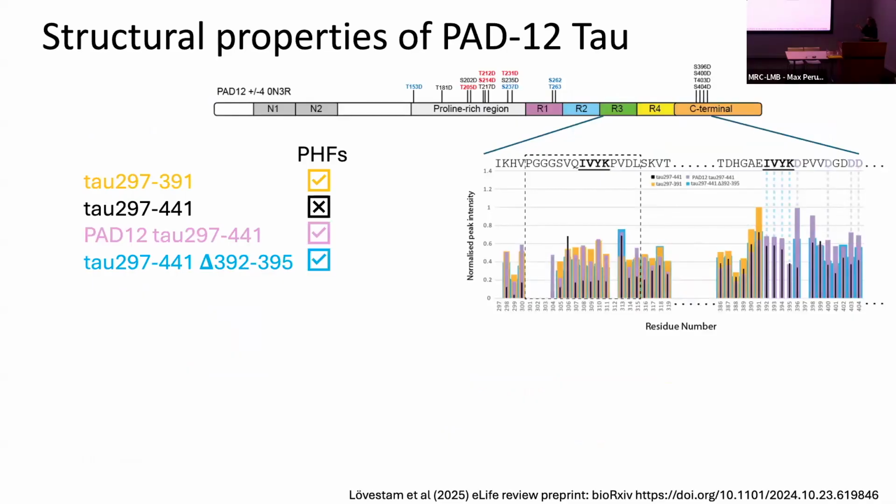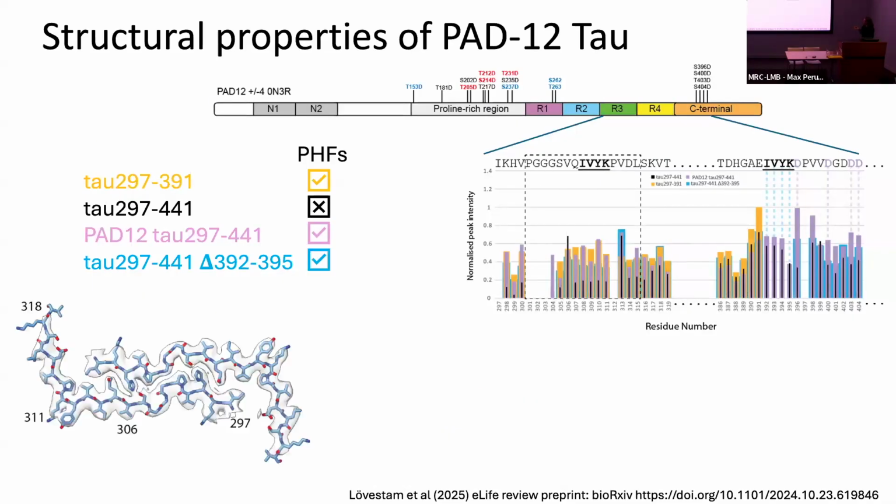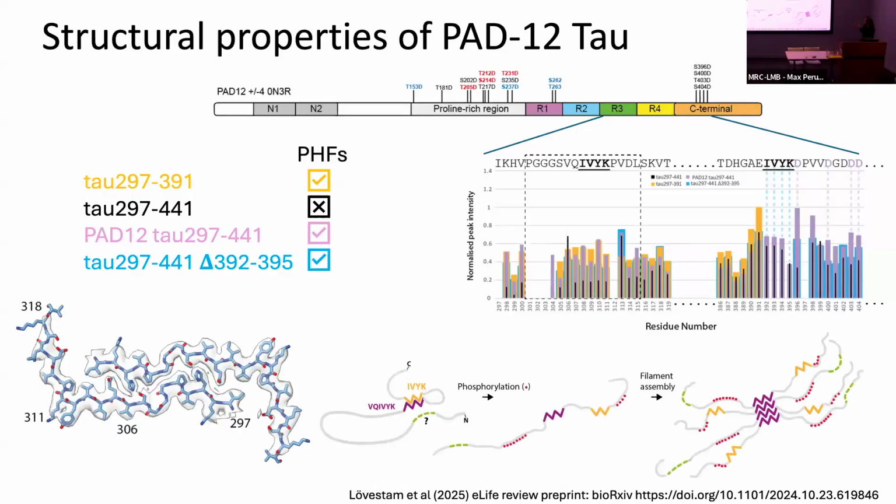Sophia pointed out that in the mutation, you can now get paired helical filaments, and these are the structures. And when we look at the NMR data, we can see that the blue one with the truncation has similar peak intensity to the samples that form filaments, unlike the one that's inhibited.